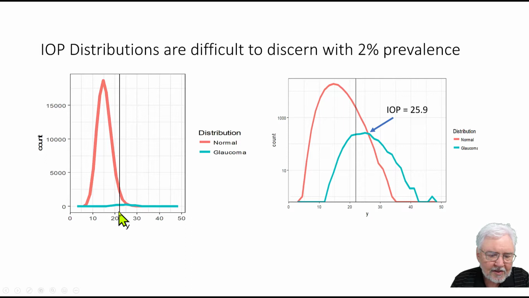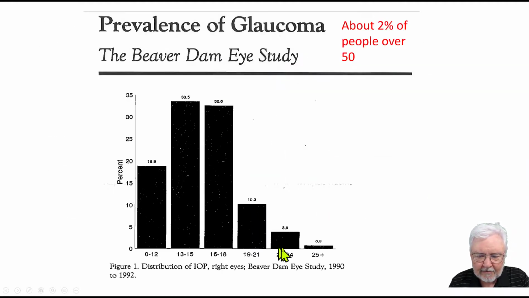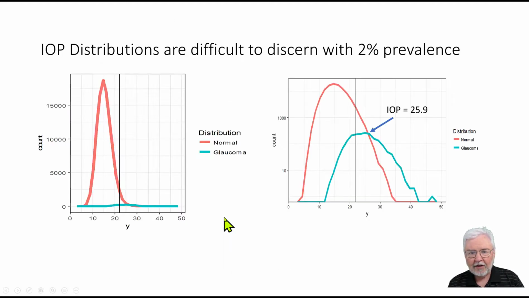But if this line coming right up here is 22, and from the slide before, we noticed that at 22, you are about 95% of the people, maybe a little more, have an IOP less than that. So if you were out here someplace, we could reject the notion that you probably had normal IOP. What we can't do, though, is, if you're in here, reject the notion that you are disease-free from glaucoma.